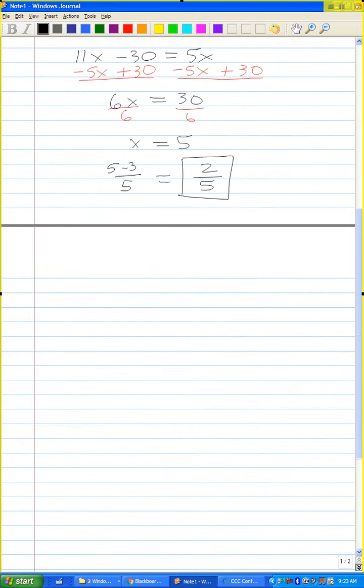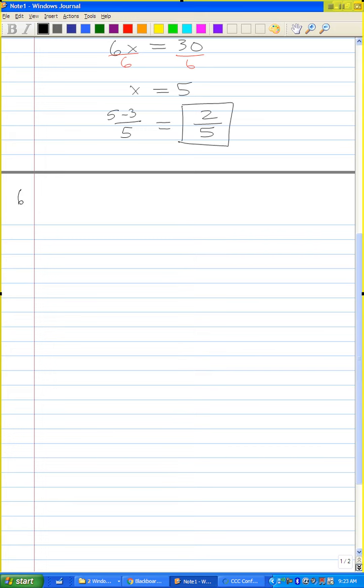Let's do problem number 6. The numerator of a fraction is 3 less than the denominator.